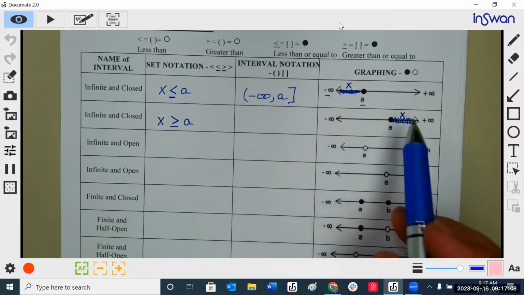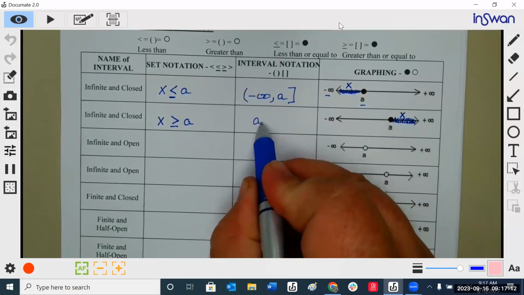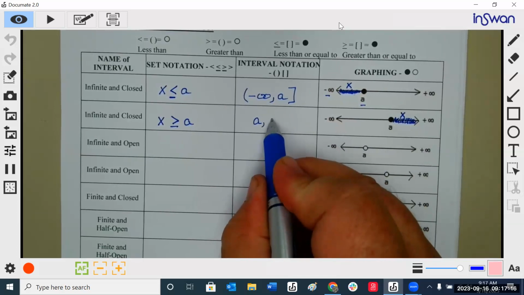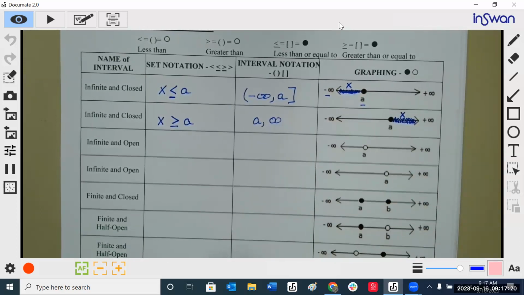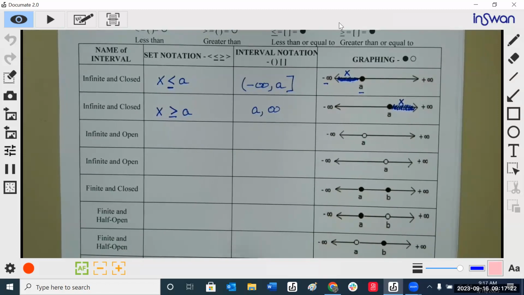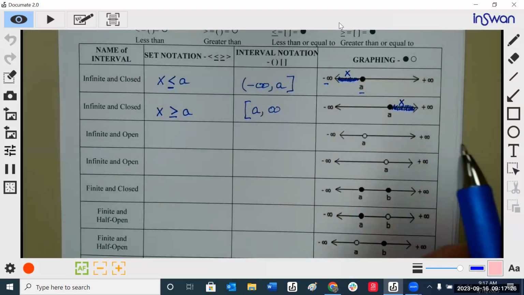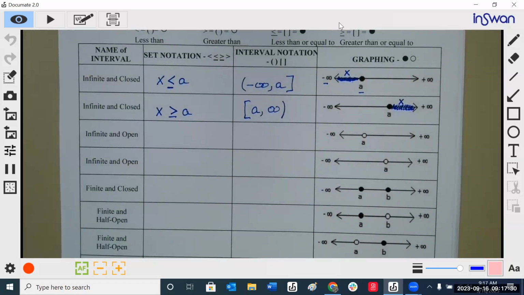For the interval, what's the smallest number in our list? A. From the whole shaded part, A is the smallest, and then positive infinity is largest. A is a solid dot, so we can include it, so it's a bracket. Infinity is always a parenthesis. You can never get to it.